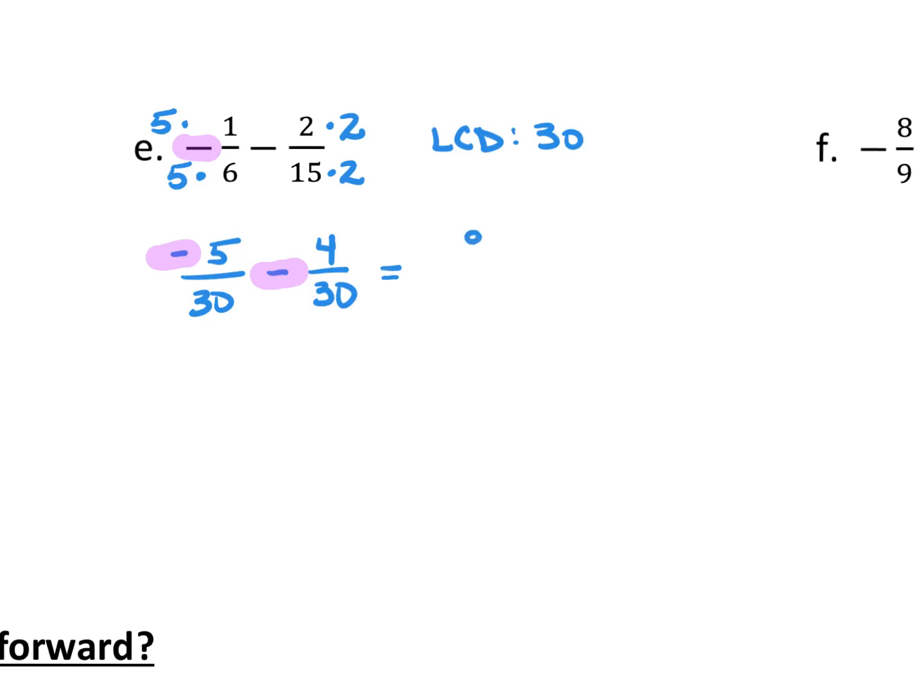Because they are same, we are going to add, we are going to keep the sign, and we're going to keep the denominator. From here, we want to divide by the greatest common factor. 9 and 30 are both divisible by 3. And so our final answer is negative 3 over 10.